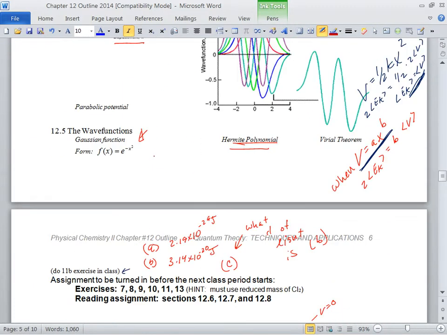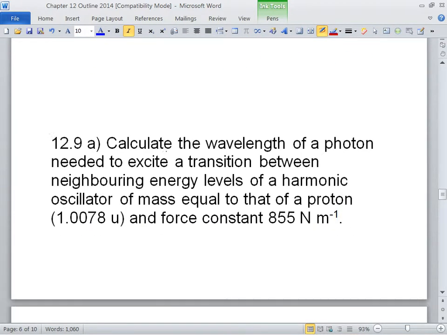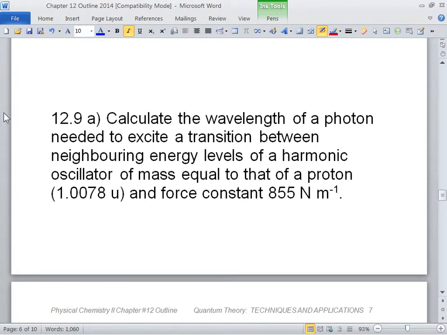What's the guide that kind of tells you which one to use? Or no, excited transition. Yeah, they're talking about a transition. They're talking about going from one state to another state. It's going to be B again. You're going to have to use that h bar omega equation. Set that equal to what?